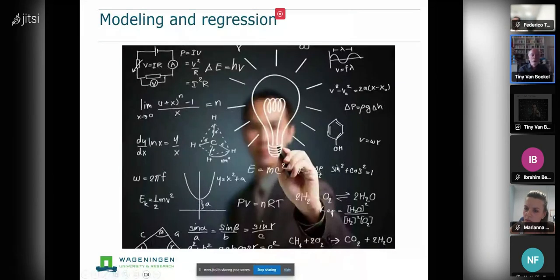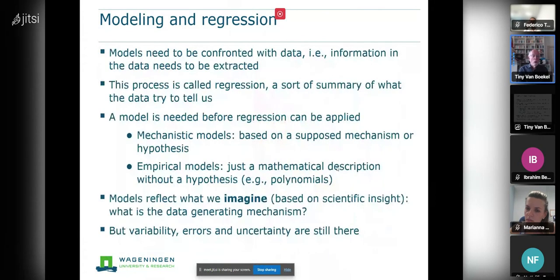Okay, that was just a sort of repetition of yesterday. I now want to focus on a very important technique, that is modeling and regression. If you do modeling, at least in food science, you always need to confront those models with data because foods are so complex that we cannot just rely on theory.